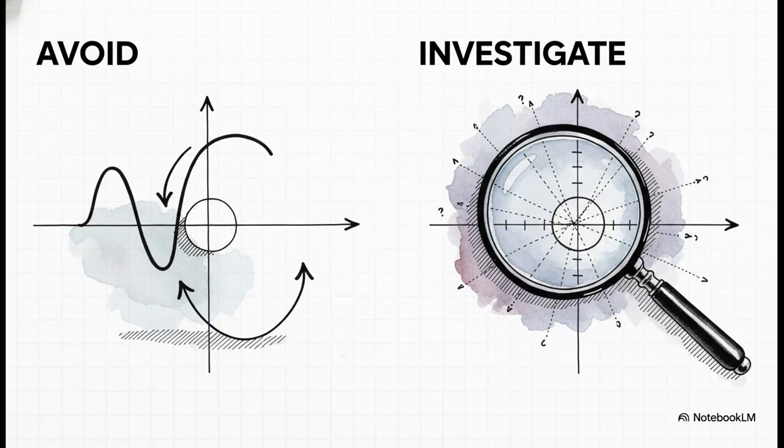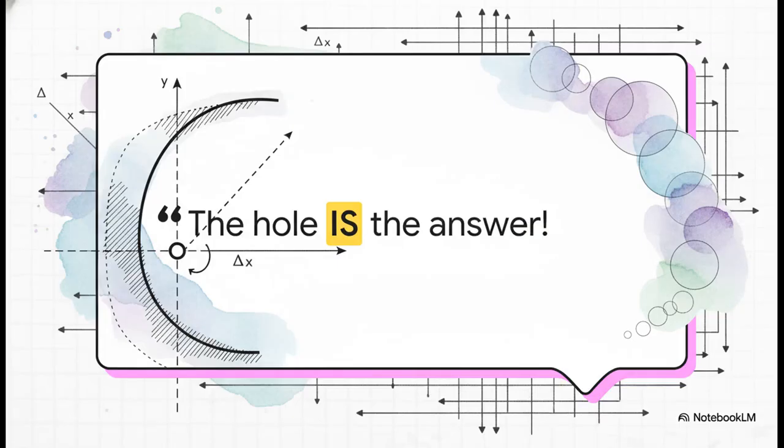See, when you get to calculus, your whole point of view just flips. You're not trying to avoid that undefined point anymore. Actually, that exact same problem point becomes the entire focus. The whole goal becomes figuring out exactly what's happening right there at that spot. And this is the big reveal. The hole that we work so hard to find, it's not the problem anymore. In calculus, the hole is the answer. That's the whole point. It represents something incredible, the instantaneous rate of change.